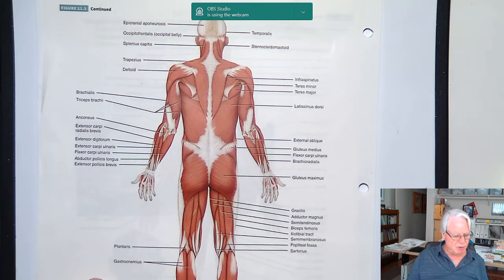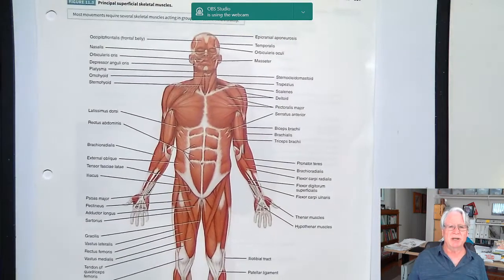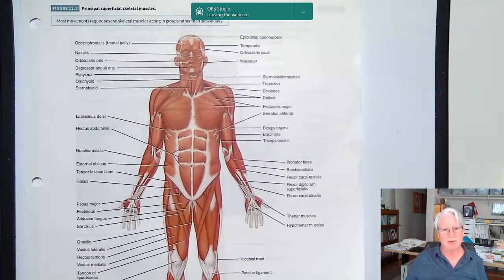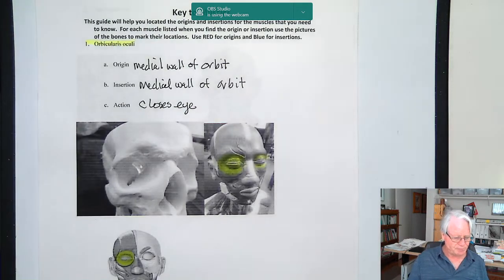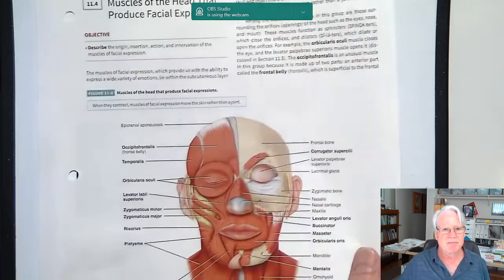I'm going to be looking at more specific images, but the vast majority of the muscles that we are going to be learning will be seen on both of these images. So just be aware that that's there. It's a good place to look and get a sense of where these muscles are located on the body.